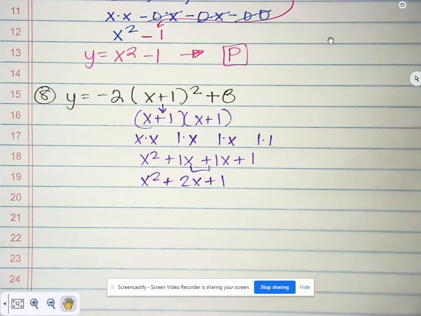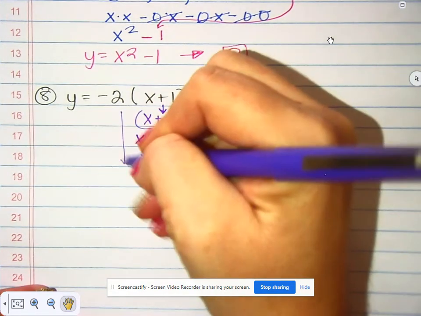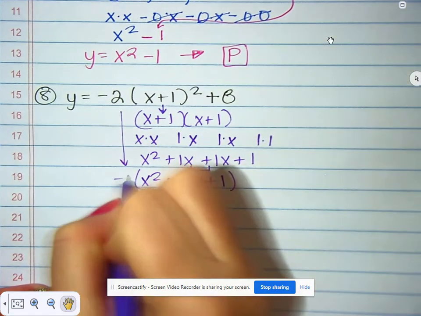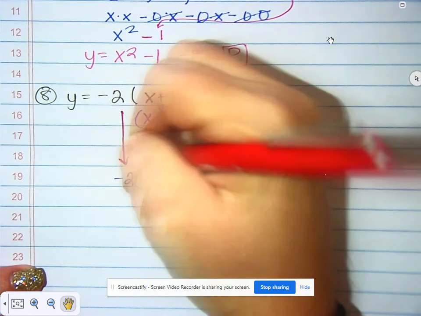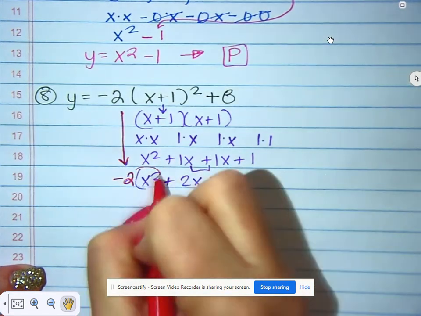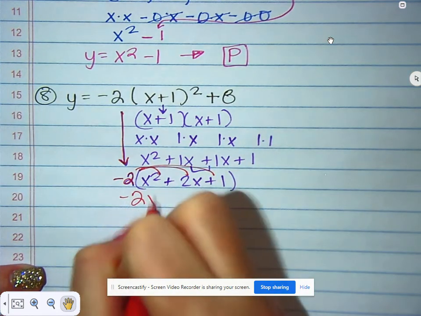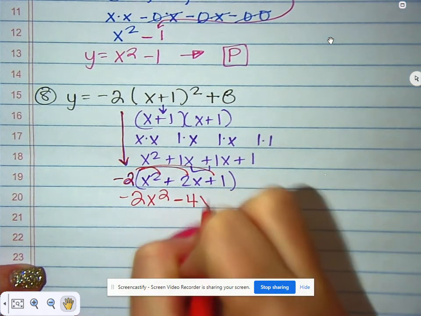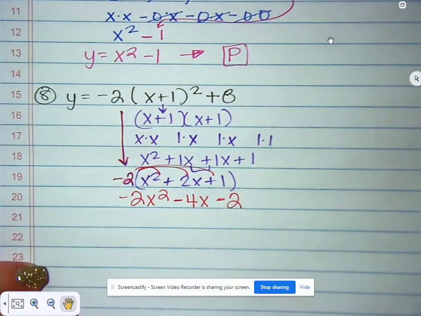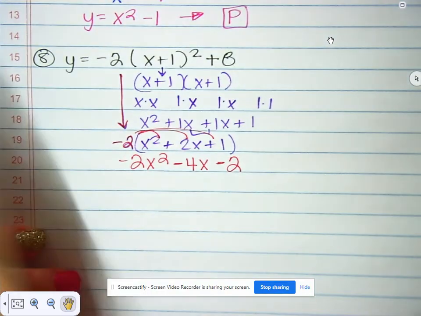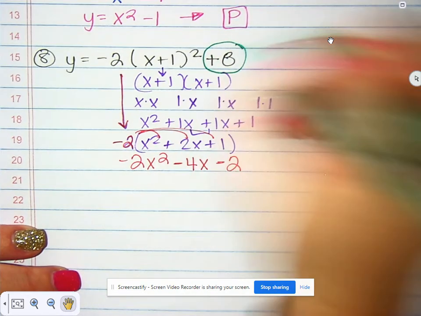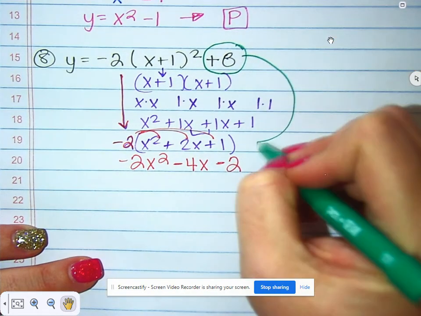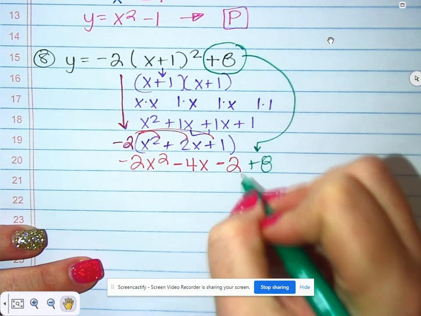Okay, now I'm going to move outside. So now I'm going to bring down this negative 2. Okay, and I'm going to distribute. So that's going to give me a negative 2x squared, a negative 4x, and a negative 2. Is everybody with me still? Okay, and then the last thing that I'm going to do is bring down this plus 8 and simplify here.